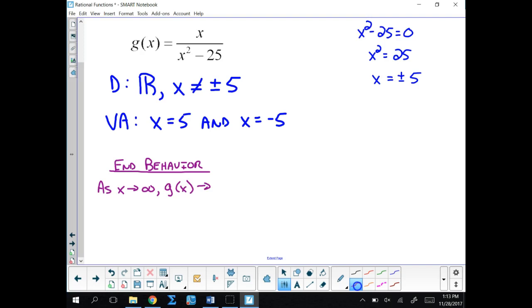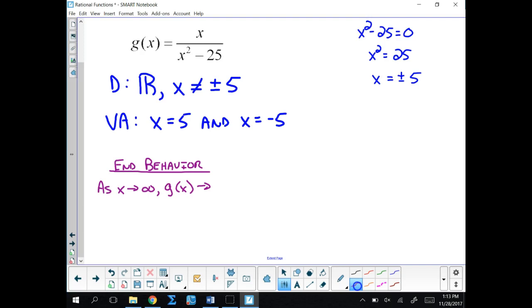If I get to a really big number, like let's say 1,000, what's my numerator going to be? 1,000. What's my denominator going to be? A really big number, right?